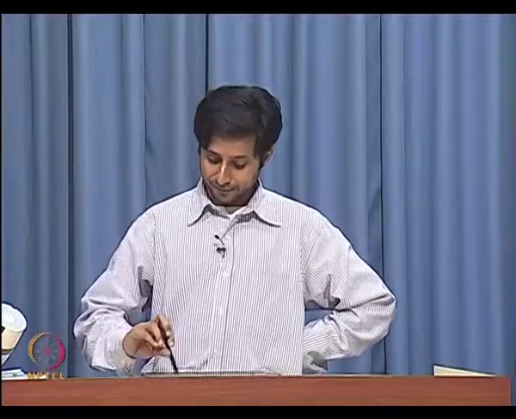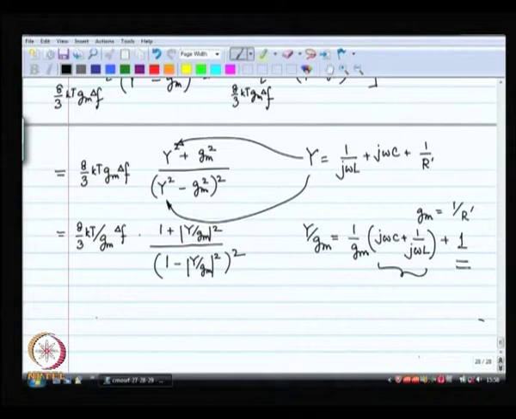Agreed? At resonance this imaginary quantity is going to be 0, which means that all I have is this real 1, which means that I have got 1 plus 1 squared, which is 1, divided by 1 minus 1 the whole squared times some quantity 8 by 3 k T by G m delta f. This is the mean squared noise voltage at the output, which means I have got infinitely large quantities of noise at the resonant frequency.